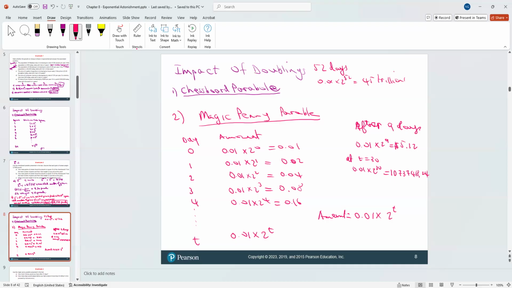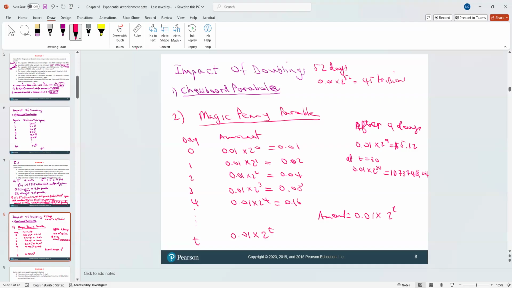You could even pay the whole US debt after 1 year, which is more than enough to pay off all the national debt of the US. So you can do that, right? So that's the second one, because remember, our goal here is to show you the impact of doubling. The time it takes for each doubling depends on the rate of exponential growth, as we said.